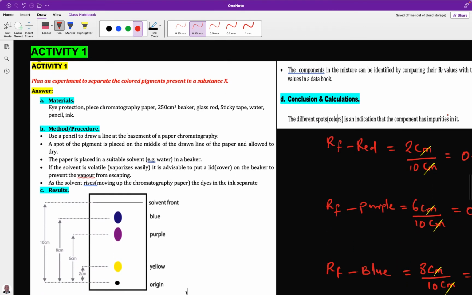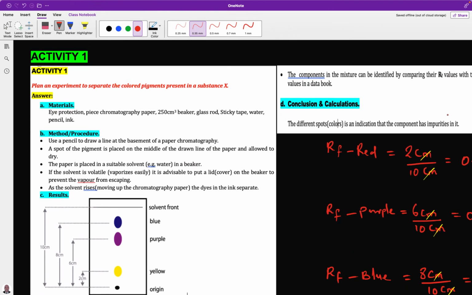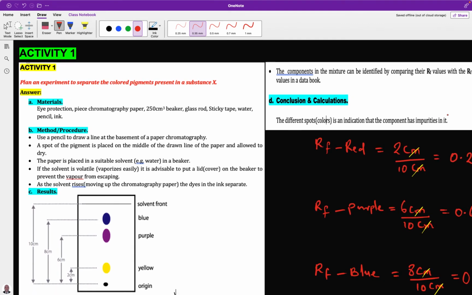Okay, learners, during an exam, you could be given about 8 marks to describe an experiment.